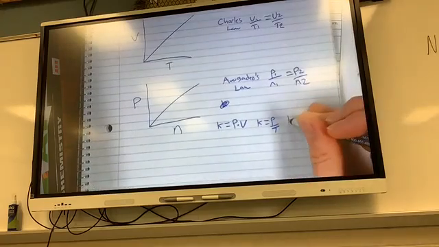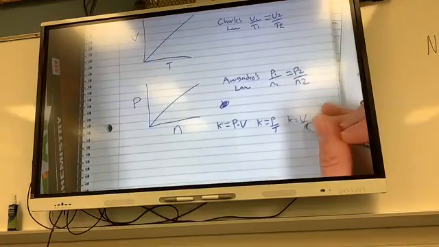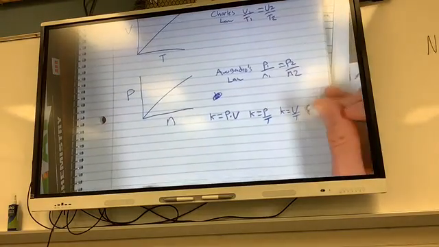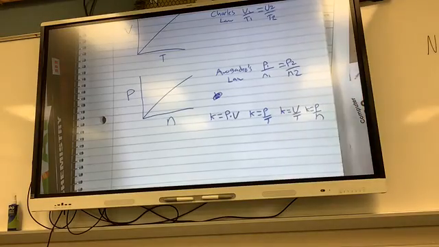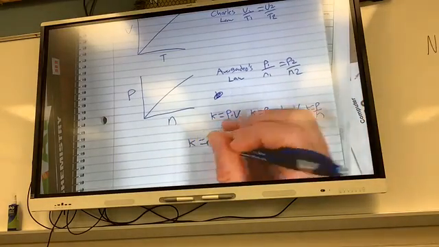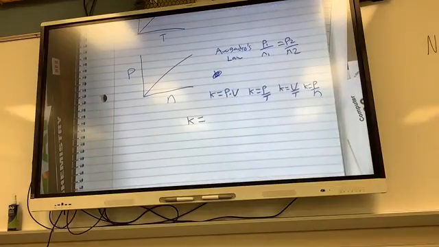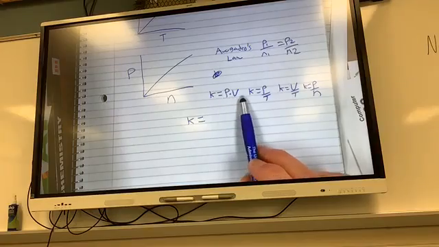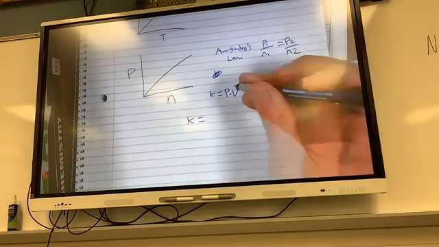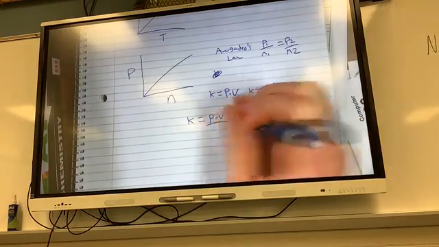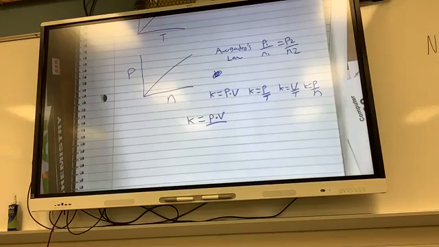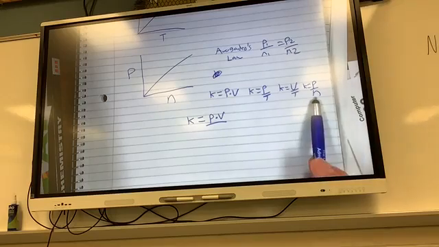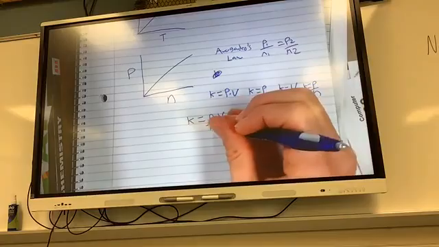For the third one, we said K equals V over T. And for the fourth one, we said K equals P over N. If I sub all of those into 1, what would K equal? K would equal P times V, agreed? Also P times V over what? What's going to be at the bottom? N times T.